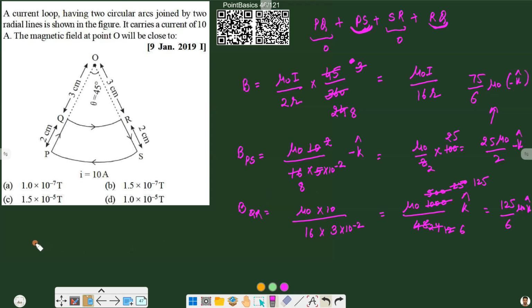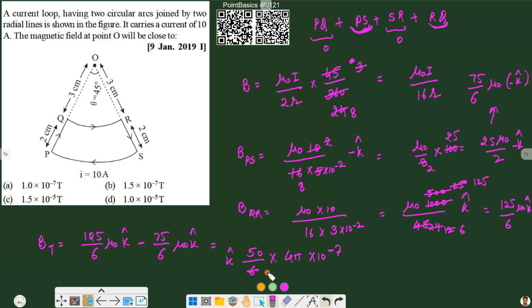So the total magnetic field will be, this is the positive part and this is the negative part, 125 by 6 mu naught k minus 75 by 6 mu naught k, and subtracting these we get 50 by 6 into mu naught, that is 4 pi into 10 raised to power minus 7, with k sign.